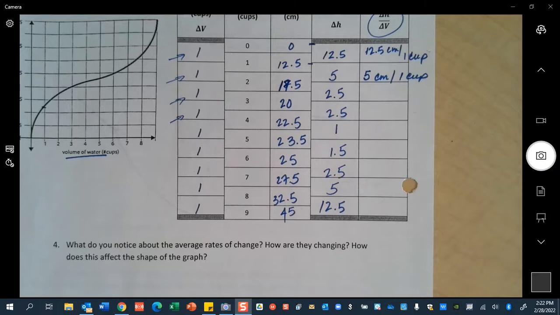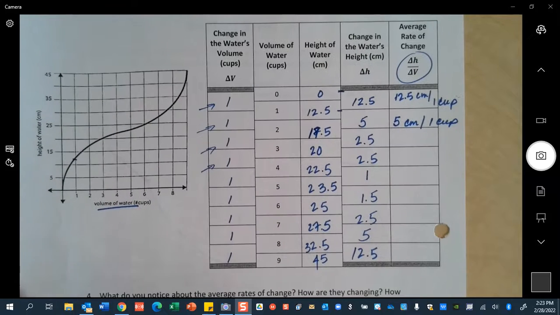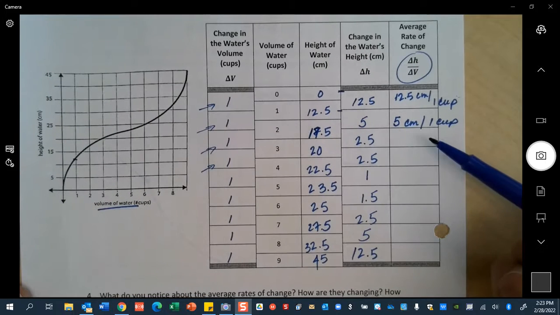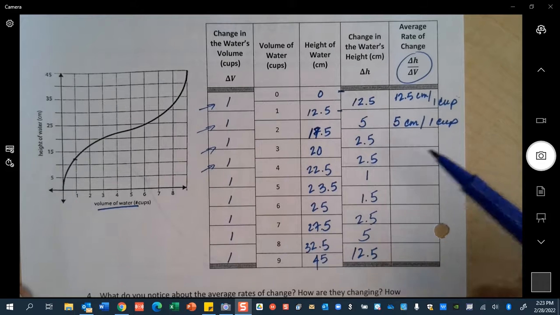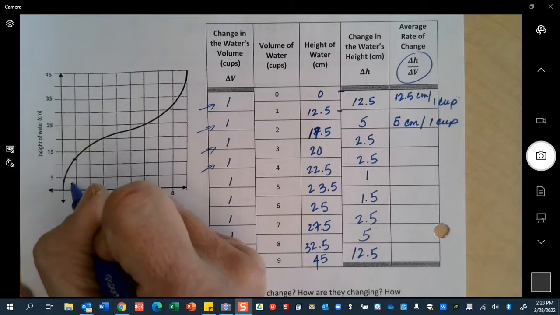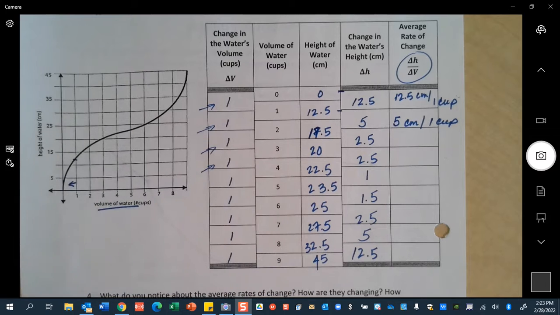When it comes time to draw your bottle, ask yourself what's happening over here and what you see happening here. So right away, instantly, I have a great change in my height, which means the very bottom of this bottle is which one, fat or skinny? Okay, the very, very bottom of this bottle is skinny. And then what happens as my rate does this?